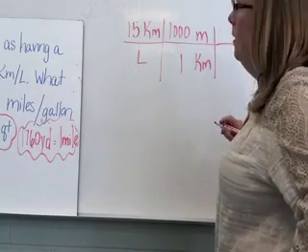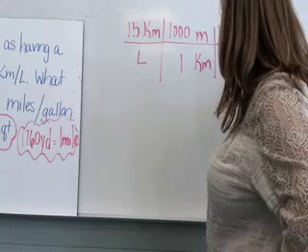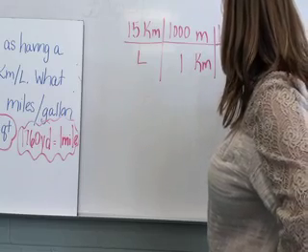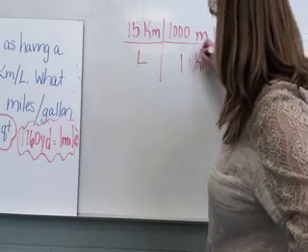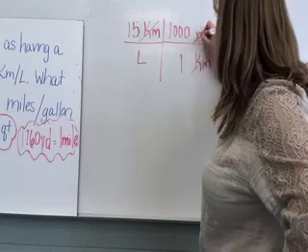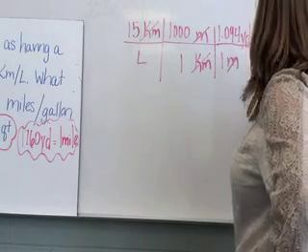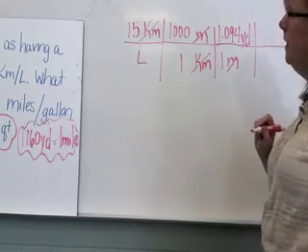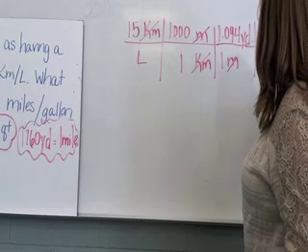Then we know that there are 1.094 yards in a meter. Notice the kilometer is canceled here, and now our meters have canceled. And now we're going to continue on with going to miles. We want miles.